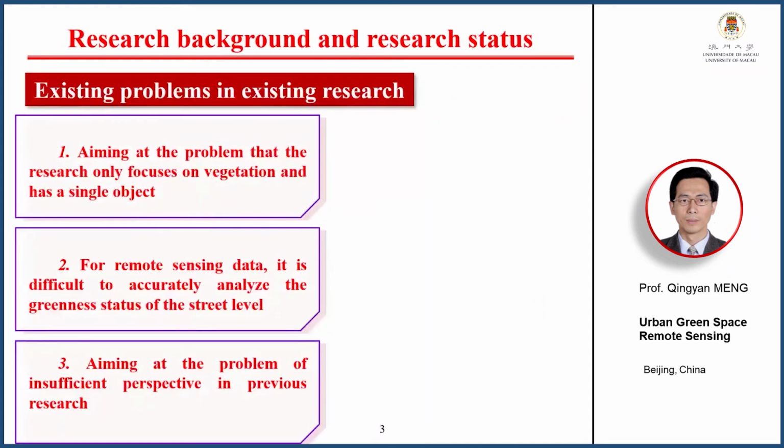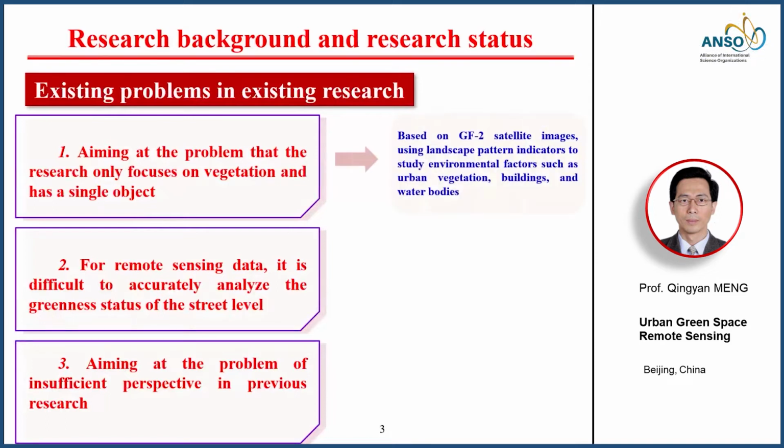And I sum up the existing problems in the past research. First, aiming at the problem that the research only focused on the vegetation and had a single object, we based on the GF-2 satellite images use the landscape pattern indicators to study the environmental factors such as the urban vegetation, buildings, and water bodies.